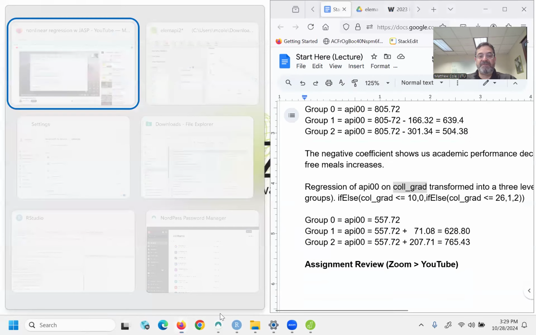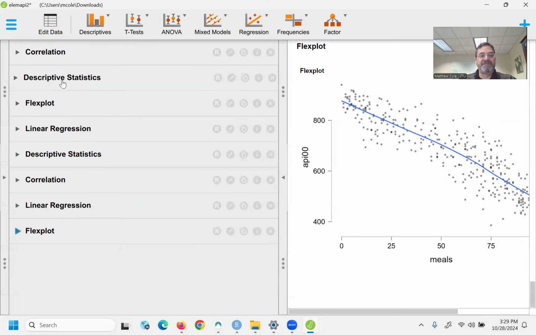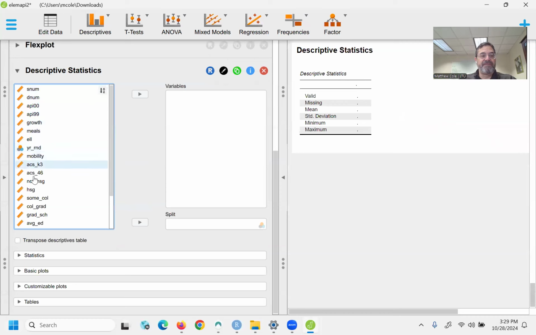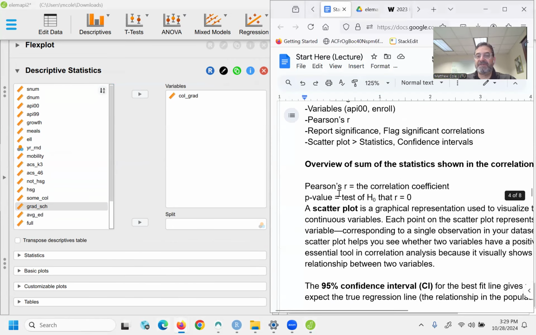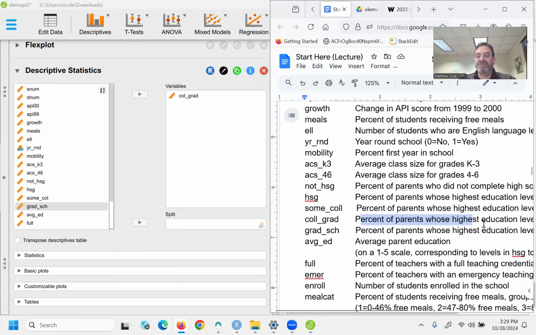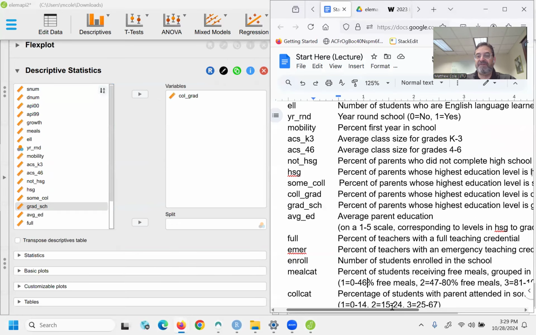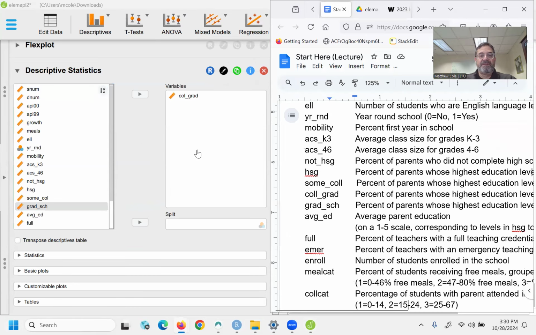We did that last week, but we can practice that again. Let's go to descriptive statistics and take college grad. Again, what does college grad mean? College grad is the percentage of parents whose highest education level is college graduate, right?